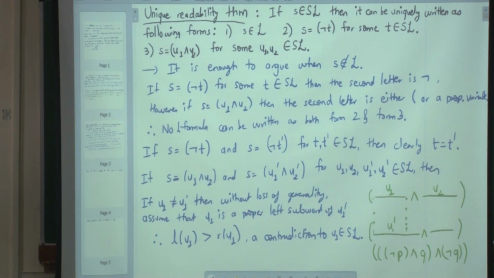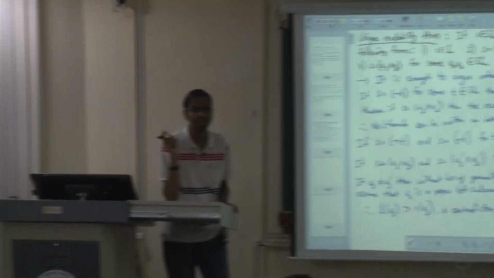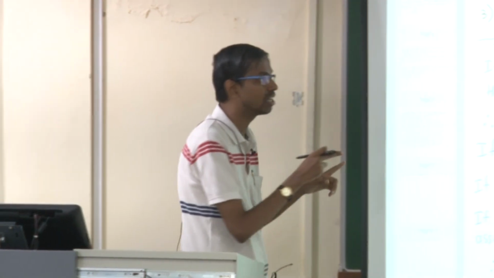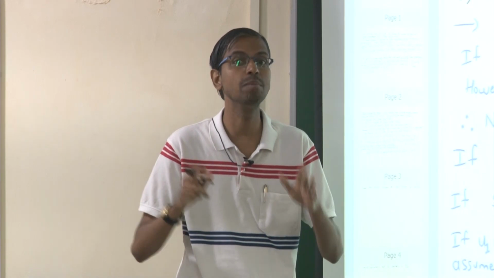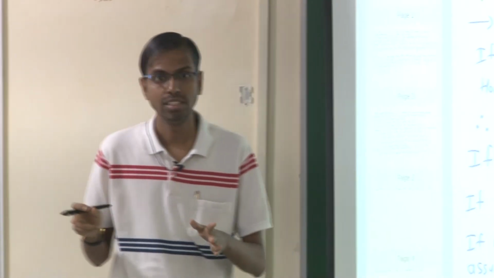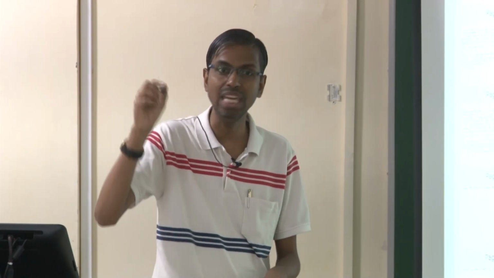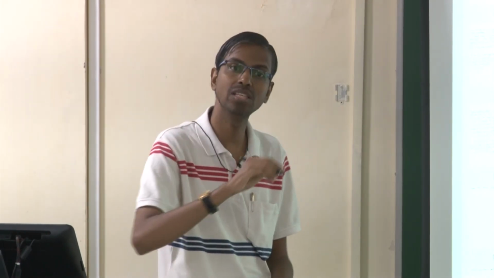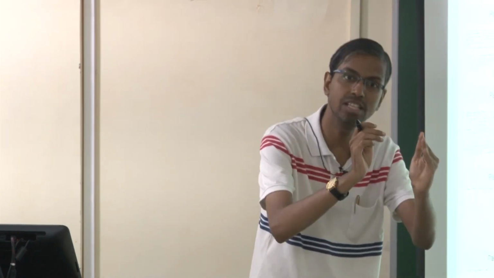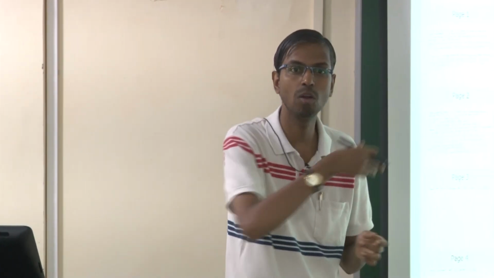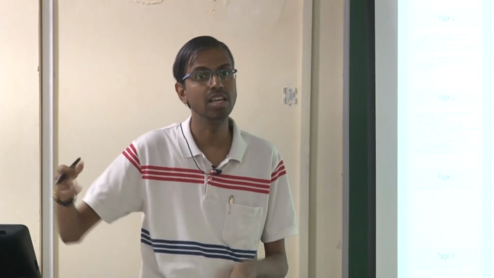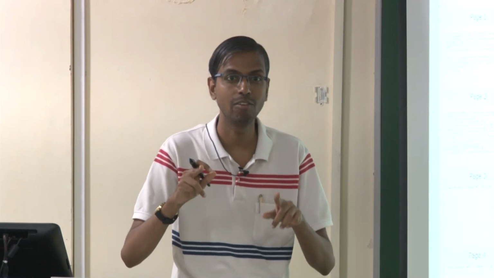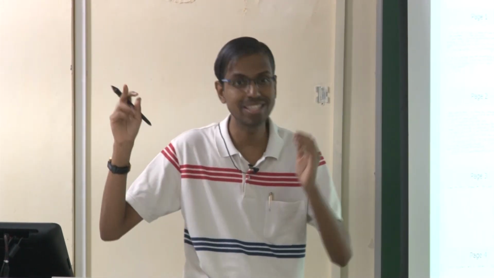We are not talking about formulas up to logical equivalence here. Conjunction is commutative up to logical equivalence, but it's not the same string. See, otherwise what's the point? We said that P is a formula, P conjunction P is a formula, then P conjunction P conjunction P is a formula, and there are infinitely many formulas. All but the first one are useless up to logical equivalence. But actually as strings of symbols, they are different.